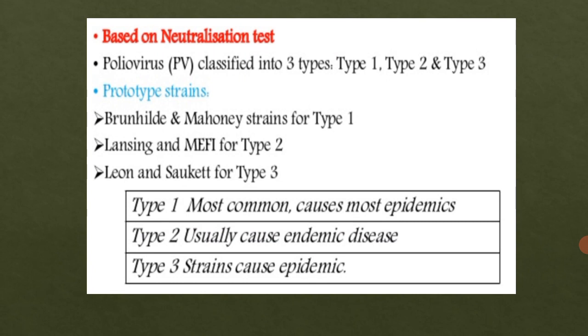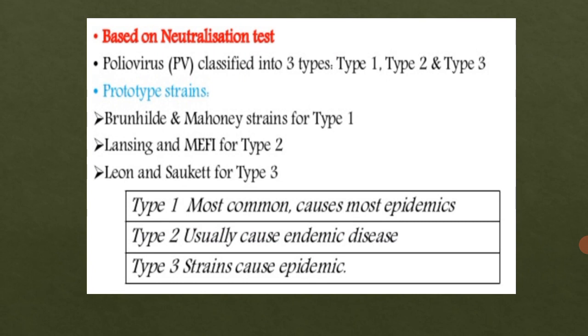Depending on this neutralization test, poliovirus strains have been classified into three types: type 1, type 2 and type 3. The prototype strains are Brunhilde and Mahoney for type 1, Lansing and MEFI for type 2, and Leon and Saukett strains for type 3.